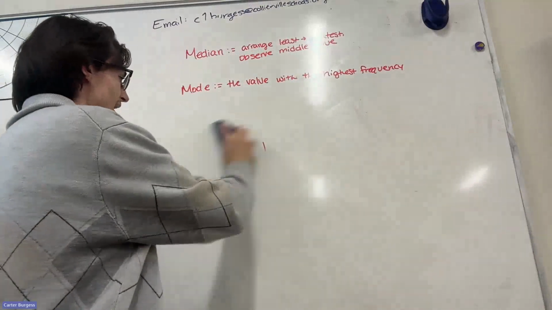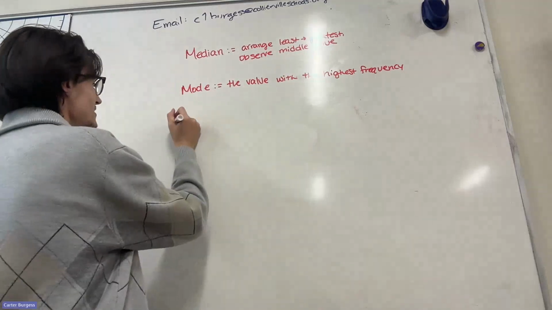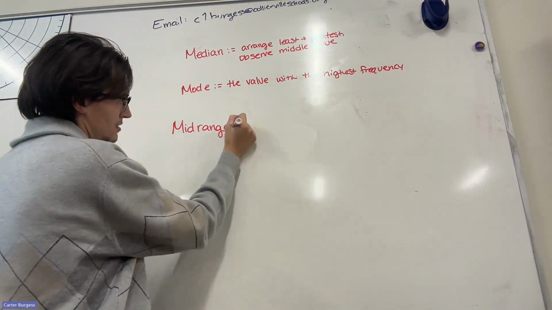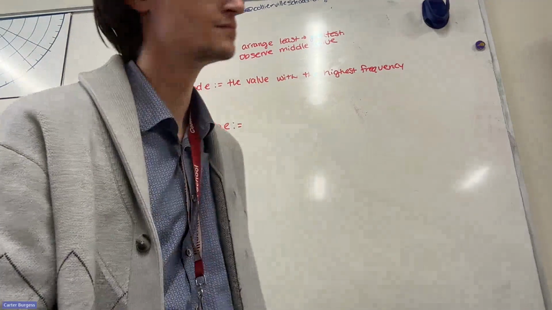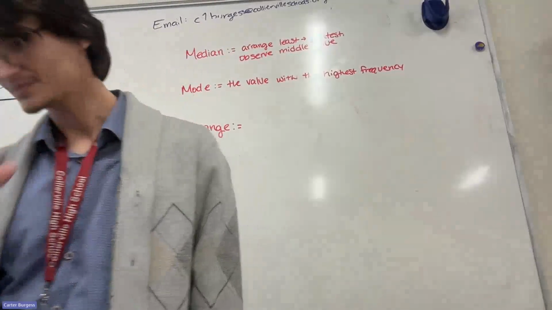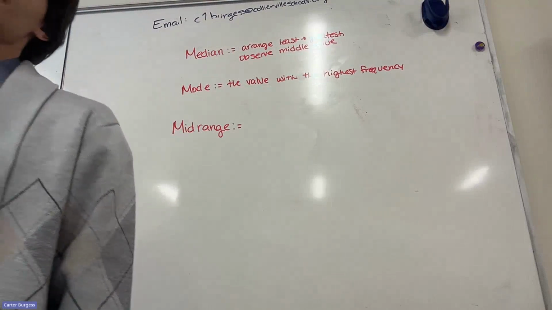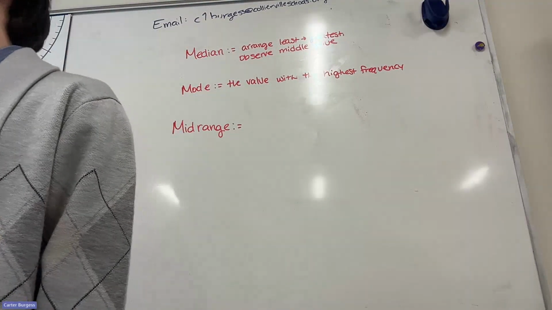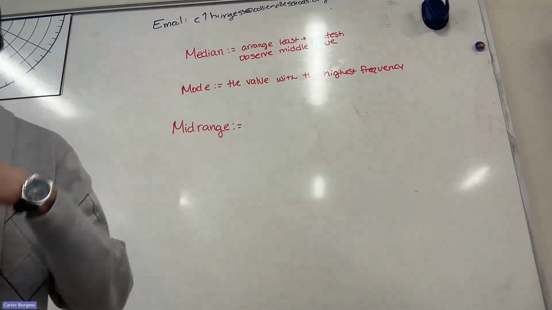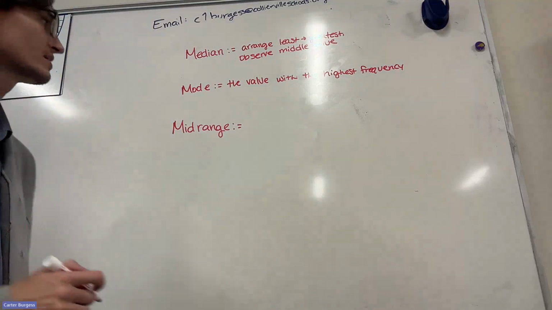Okay, one last measure of center, and that is the mid-range. This is maybe one that you haven't seen before. It's not particularly all that crazy. Mid-range, the middle of the range, think like the center of the interval that we are working with.